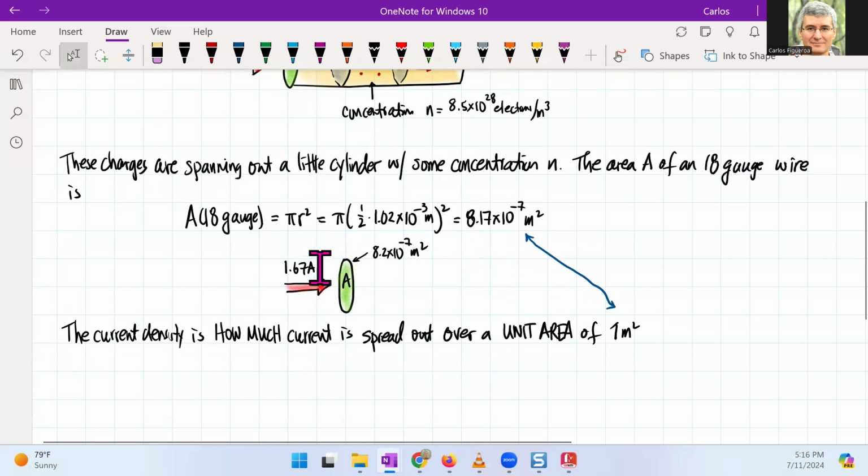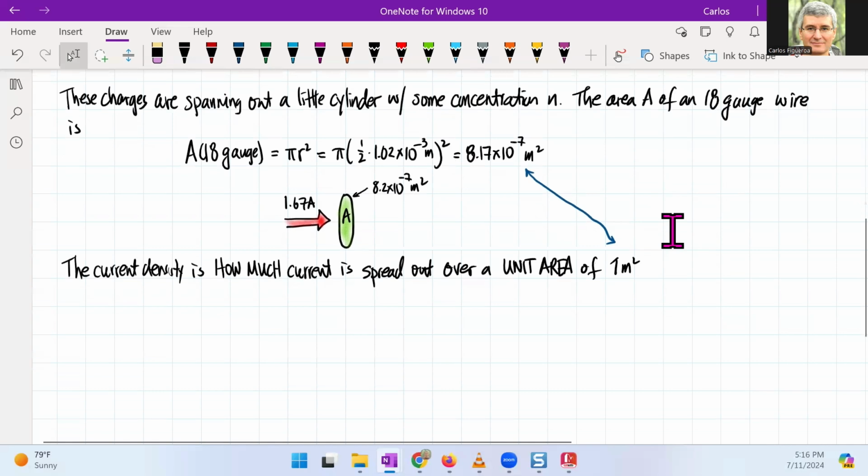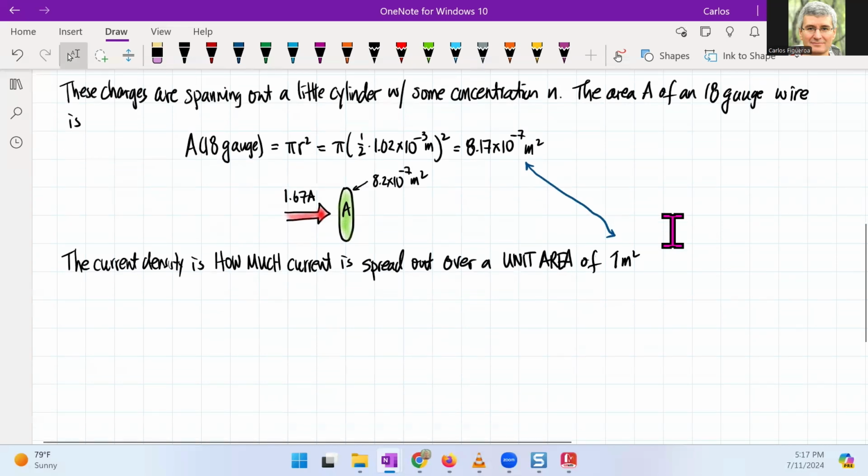So if I was to take 1.67 amps, and then I go into that, that current's going to be ginormous. It's got to be on the order of millions of amps per meter squared. So now if we start to look at the pictures, here's what we're really looking at.